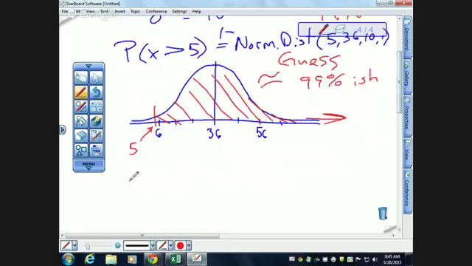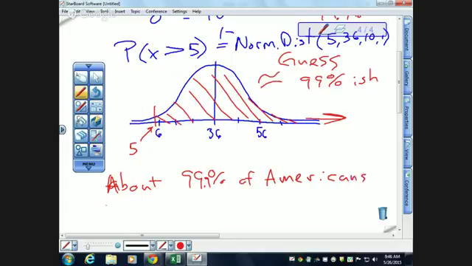All right, so a sentence might look like this. About 99.9% of Americans consume more than 5 what?